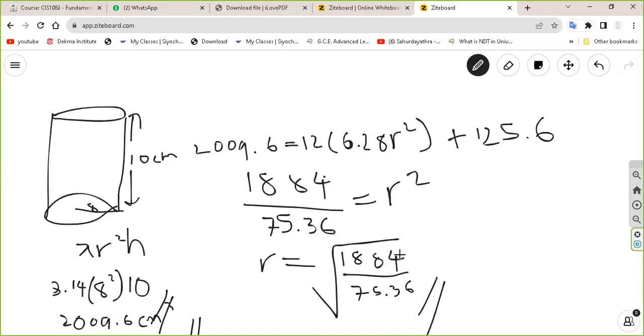If we divide both by 12, you can get the answer. No, it is asking about r squared. Then you have to simplify this.